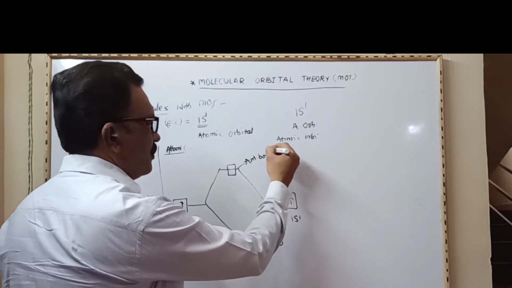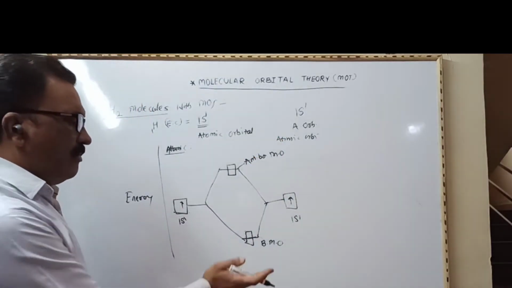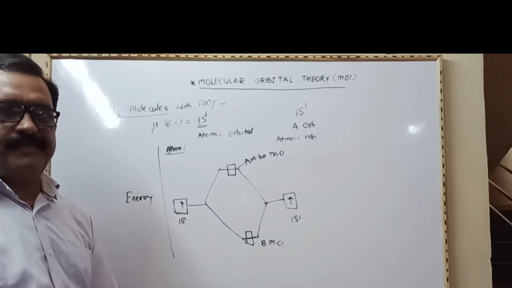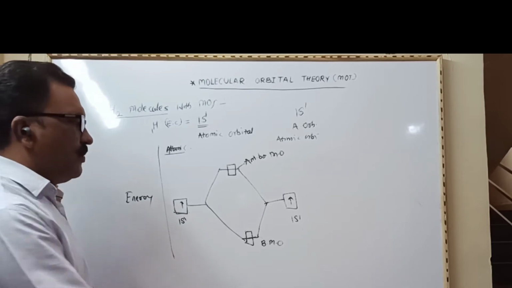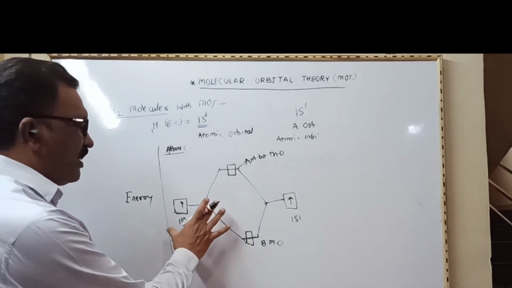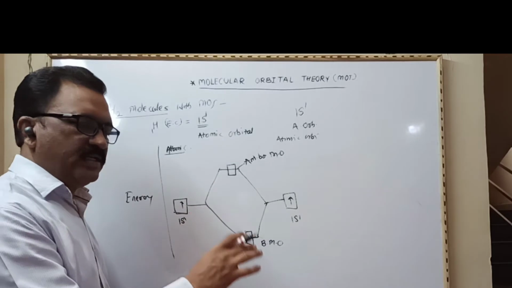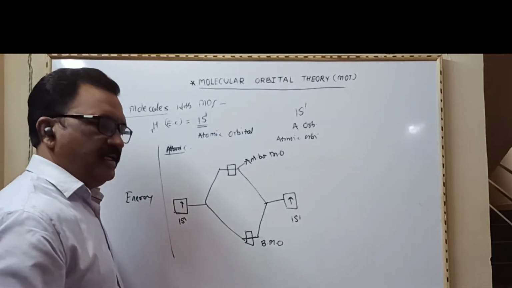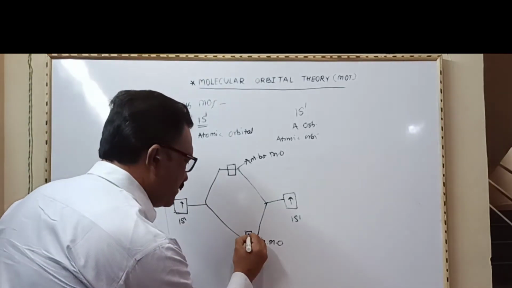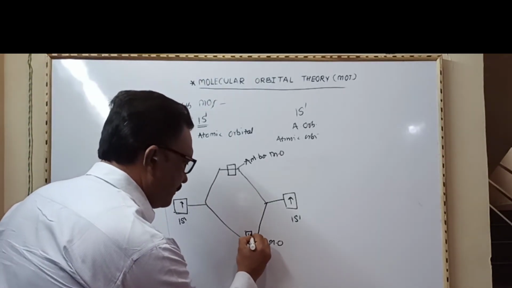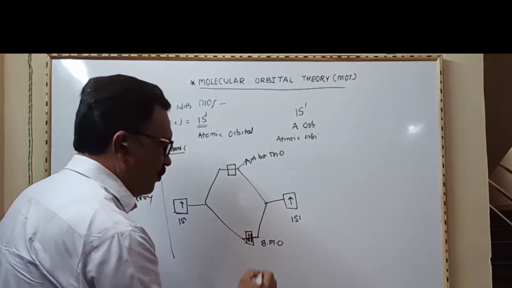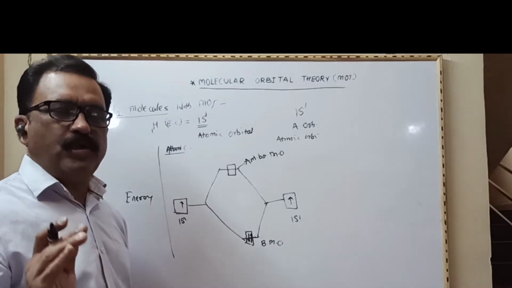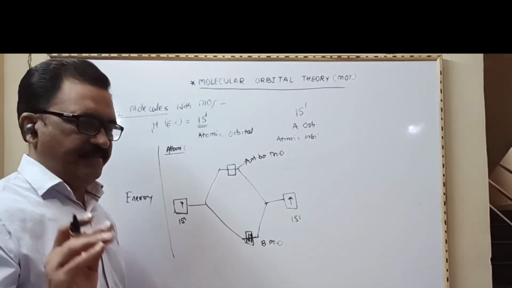The anti-bonding molecular orbital has more energy than the bonding molecular orbital. During overlapping, these two atomic orbitals mix together, and the electrons present in these atomic orbitals are shared in the bonding molecular orbital, while the anti-bonding molecular orbital is empty.